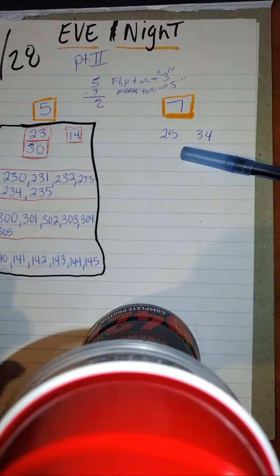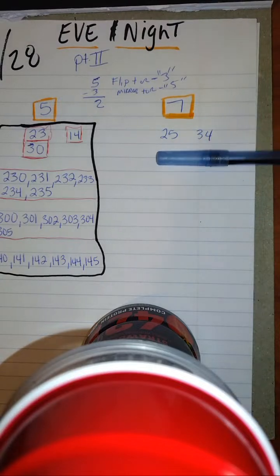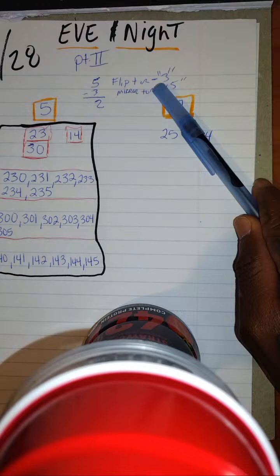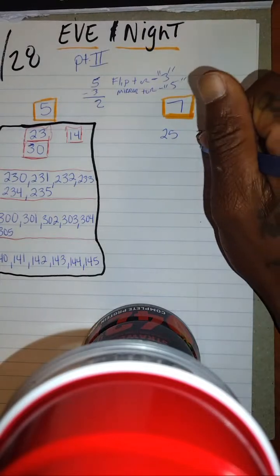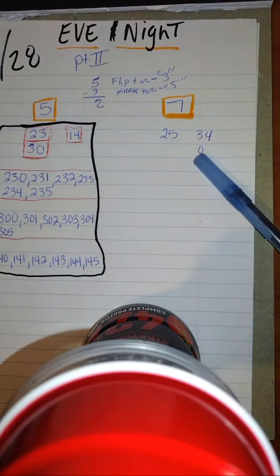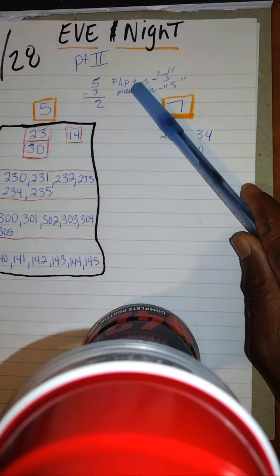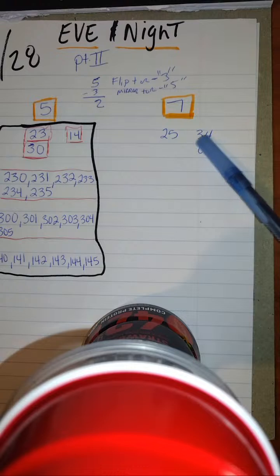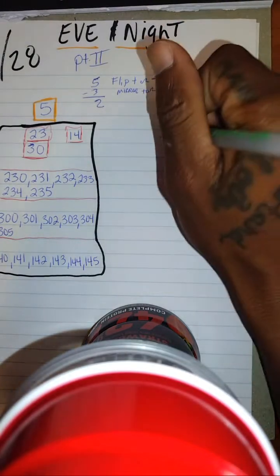Now what I do right here with my 7, I can take this 3, take 3 from it. 3 minus 3 gives me a 0. I take this 4 and I flip this 4, but I'm flipping forward, so I add 3 to it. 4 plus 3 gives me 7. I also got a 0, 7 pair. Those are my 3 pairs off of 7.